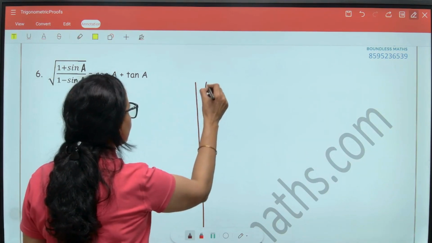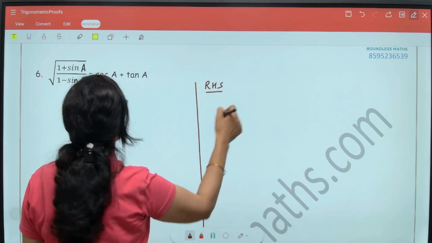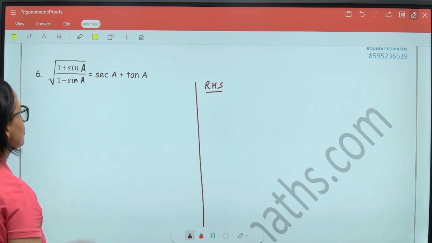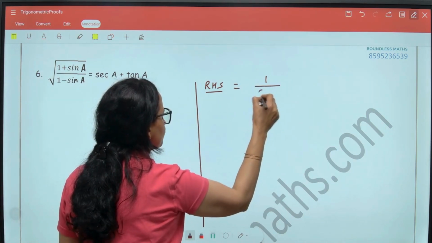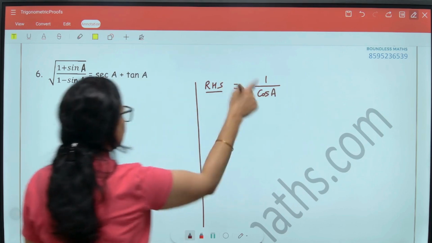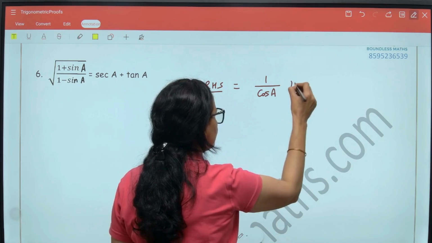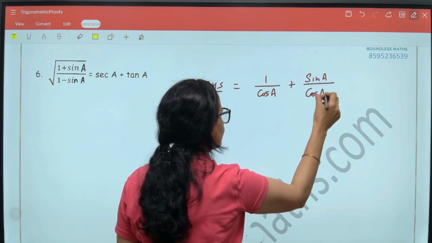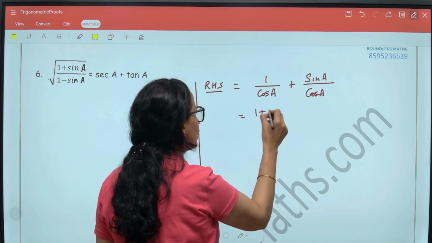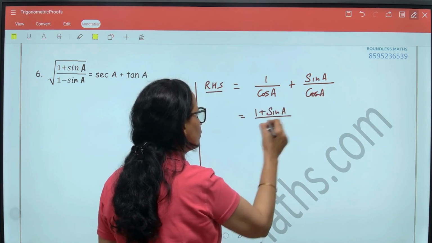Let's first simplify the right side and keep what we need in terms of sine and cos. Sec A means 1 by cos A, and tan A means sin A by cos A. So in terms of sine and cos, it is 1 plus sin A upon cos A.